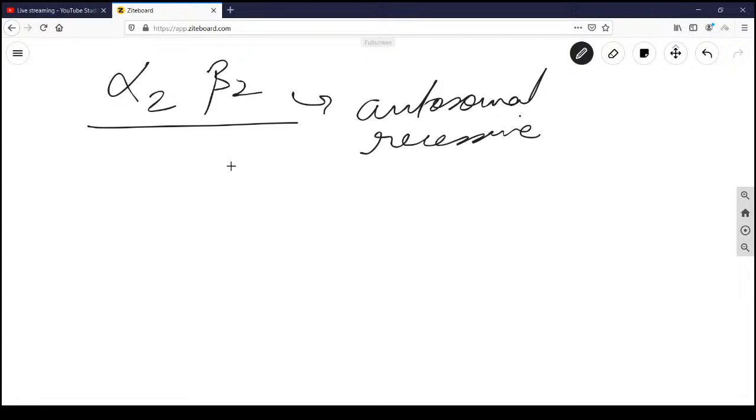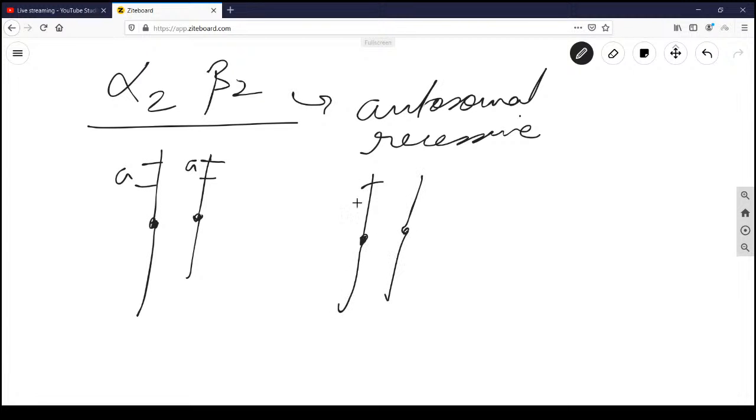Fine. Now, if both the parents are carriers, they haven't specified here whether alpha or beta. If it is alpha, then small a must be the case. If it is beta thalassemia, then small b shall be the case.